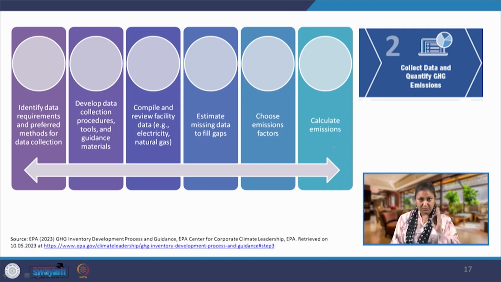We have to do it for the baseline year and every year from then on till the target year, and then we can select a new baseline year and then go on to set up another target. So, the baseline years can also continue to change and the target years can also continue to change. It is totally up to the company, because this is a voluntary reporting. Nobody is forcing this reporting onto a company.